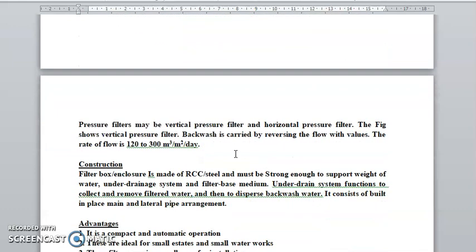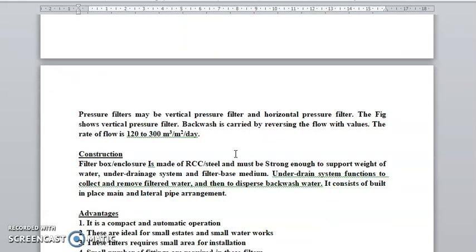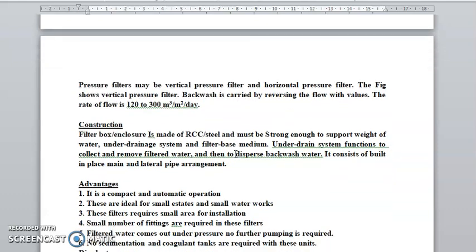Construction: the filter box enclosure is made of RCC or steel and must be strong enough to support the weight of water, the underdrain system and the filter media. The underdrain system collects and removes the filtered water and disperses the backwash water. It consists of a filter plate with main and lateral pipe arrangement.